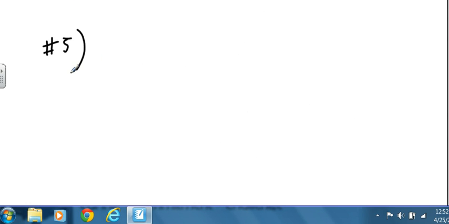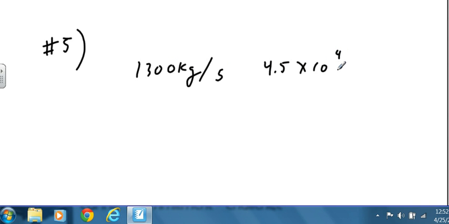Next, problem number 5. Calculate the force exerted on a rocket when the propelling gases are expelled. So I've got 1,300 kilograms per second with a speed of 4.5 times 10 to the 4th meters per second.